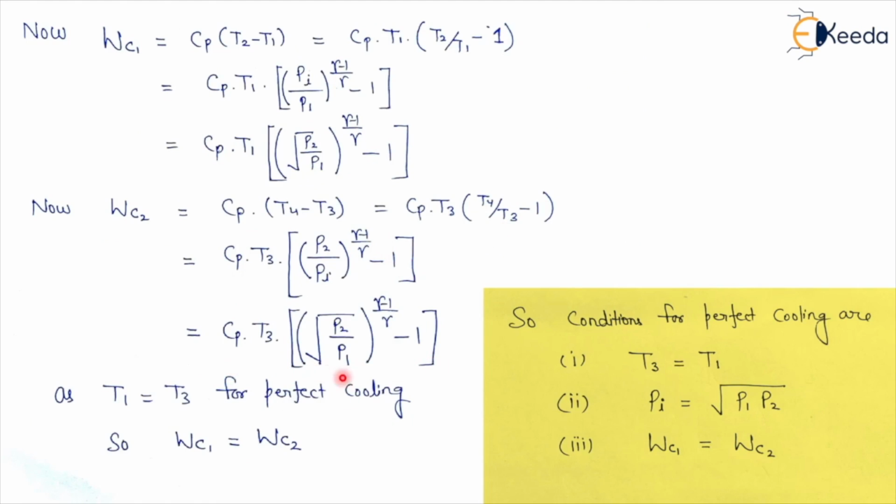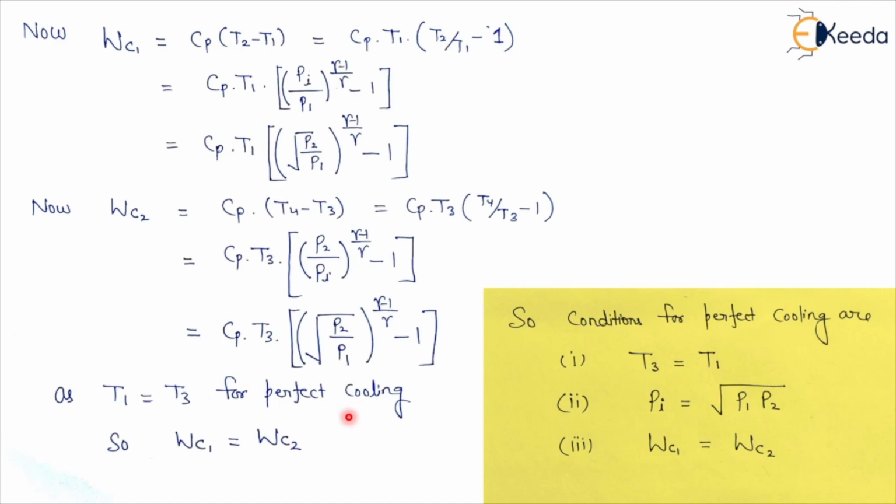You see, the work input to the compressor 2 is equal to the work input to the compressor 1. As T1 is equal to T3 for perfect cooling, we get WC1 equal to WC2. That means the work input to the compressor 1 will be equal to the work input to the compressor 2 in case of perfect cooling.